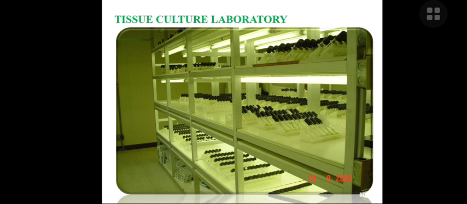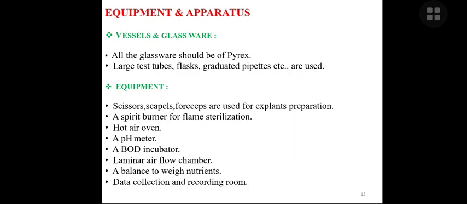Then this is a common tissue culture laboratory having racks for placing these tissue culture tubes. Then equipment and apparatus include vessels and glassware. All the glassware should be of Pyrex. Large test tubes, flasks, graduated pipettes, etc. are needed. Equipment includes scissors, scalpels, forceps, etc. and a spirit lamp.